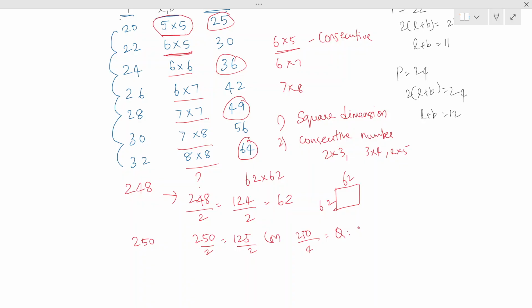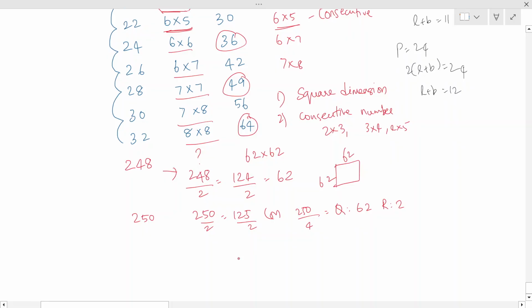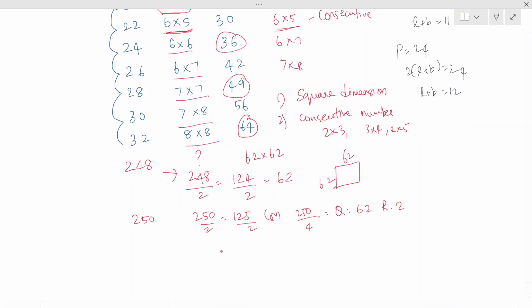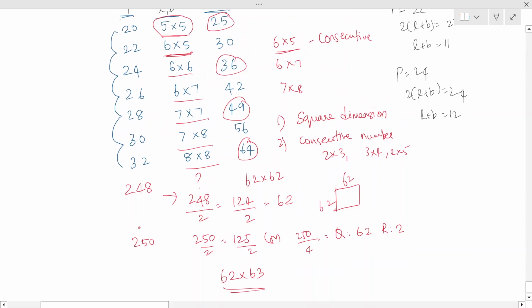In this case, the quotient would be 62, and there would be a remainder of 2, right? If there is a quotient and a remainder, then you take a consecutive number, because that's what we have been doing in other examples. So it should be 62 times 63 for the maximum area for a 250 perimeter.